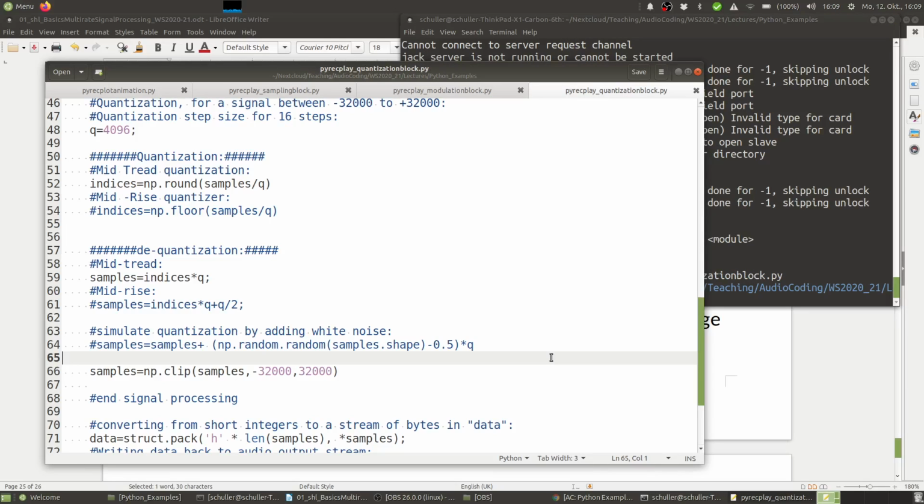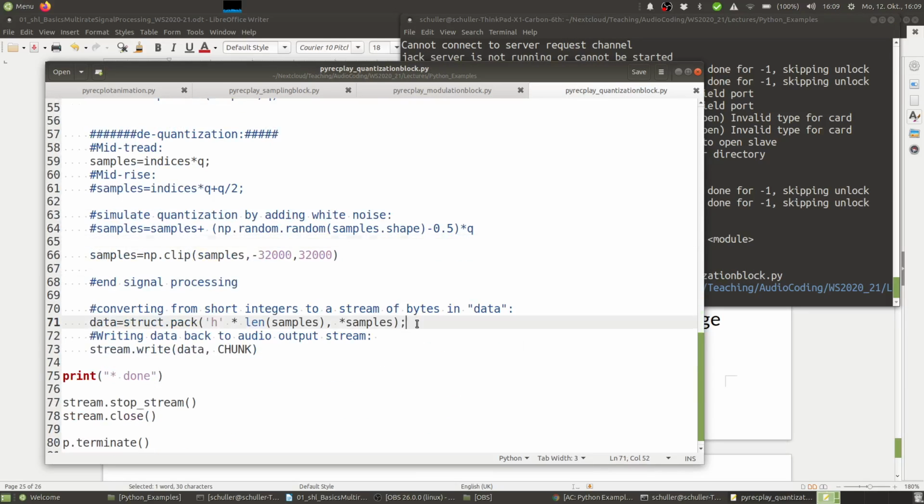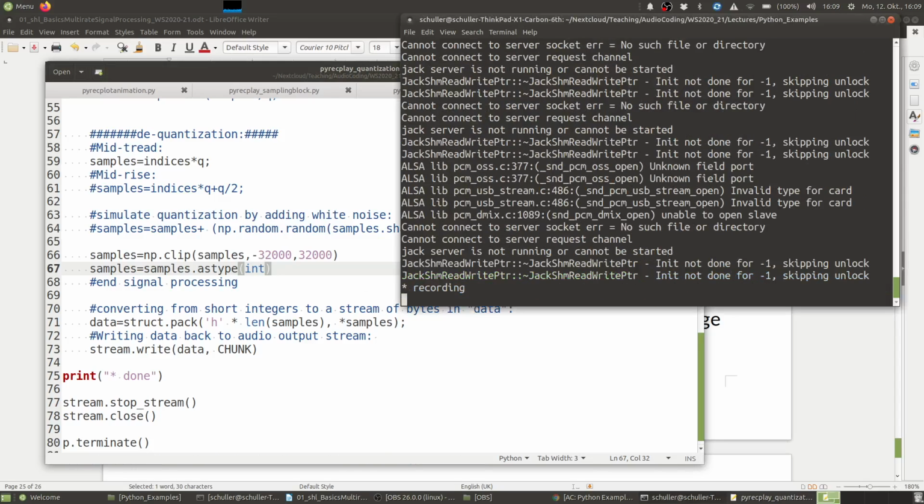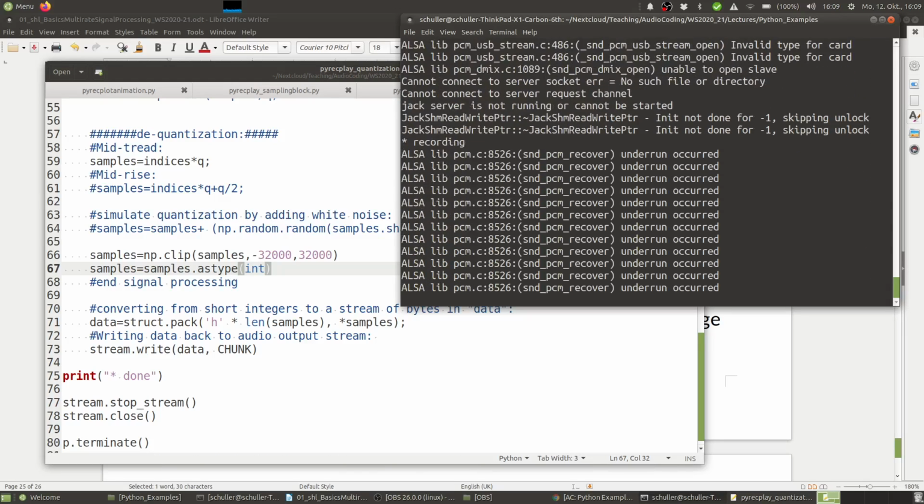Same problem. Samples equals samples dot astype int. Test.